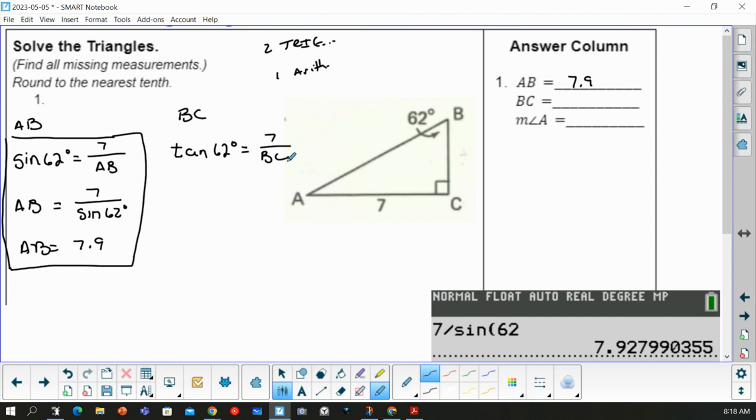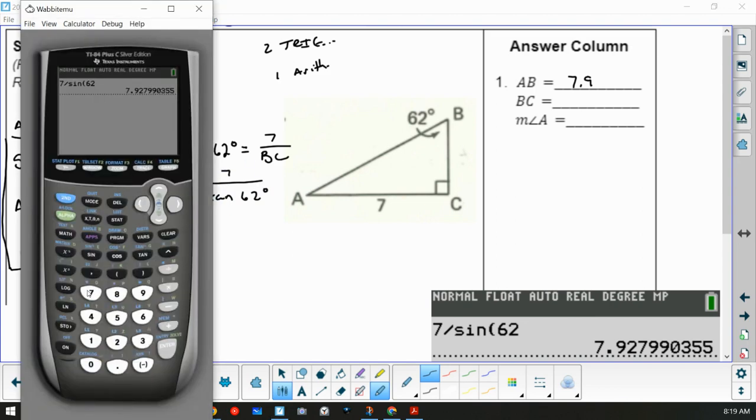Now, since it's in the denominator again, I can use my shortcut, and the BC is going to go over here. The tan 62 is going to go down there. So BC equals 7 over tangent 62 degrees. And then on my calculator, 7 divided by tan 62 equals 3.7.